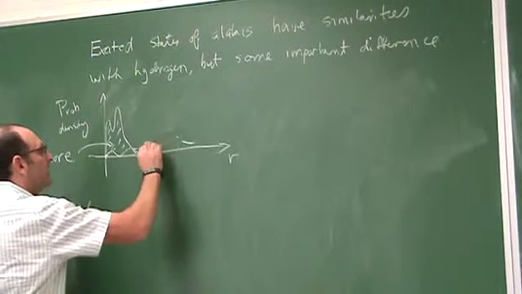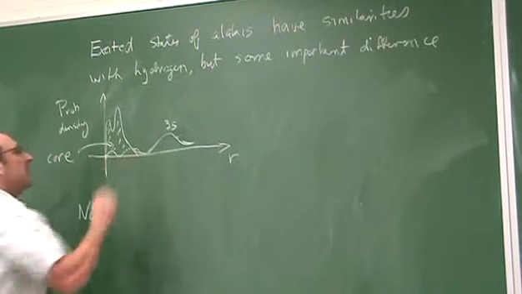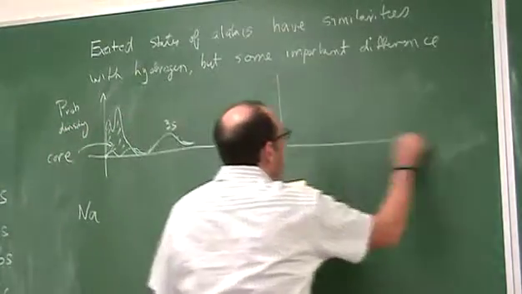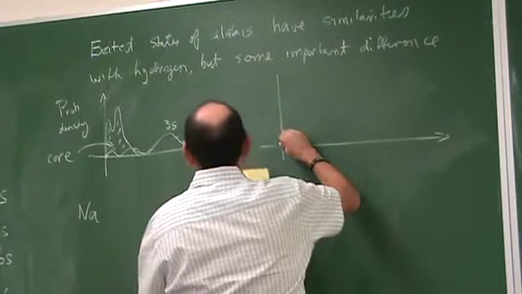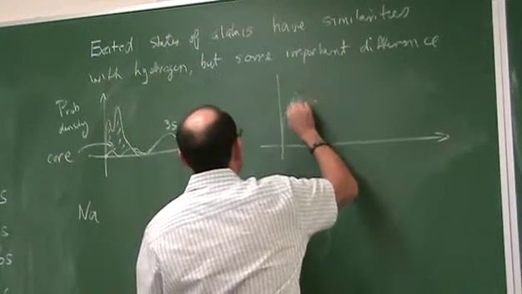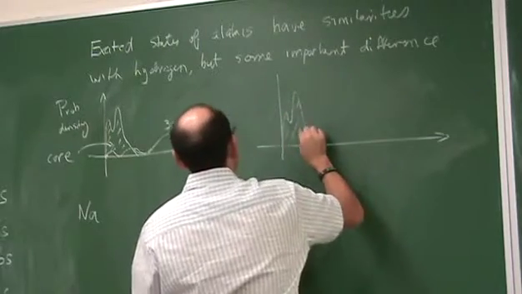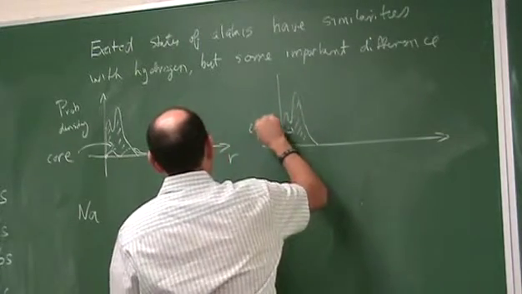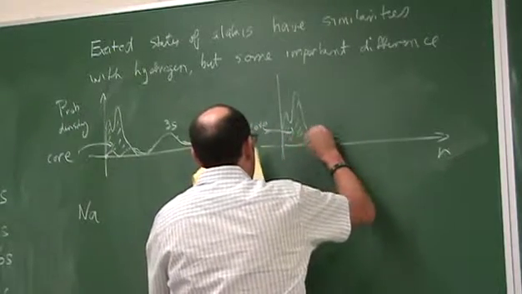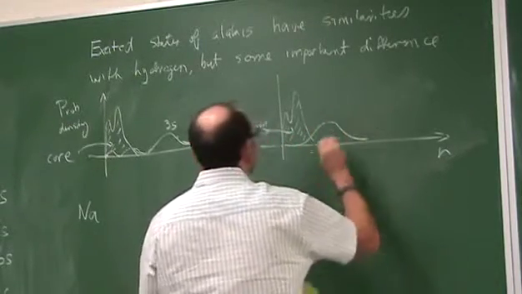This is my 3s orbital on top of the core. Whereas if I looked at something like, here's the core again, and I looked at the 3D, it looks kind of like this.